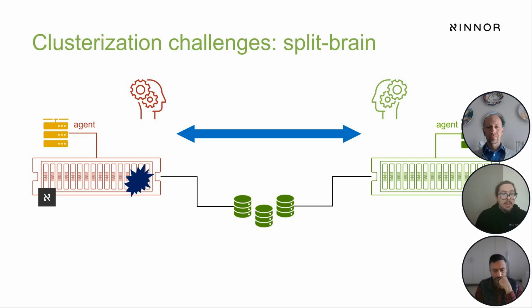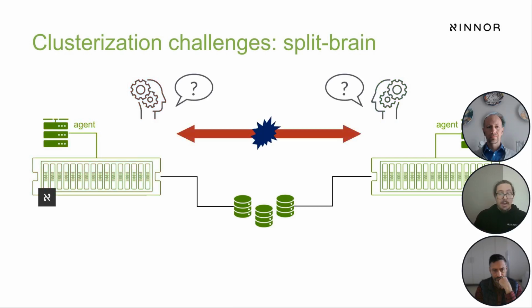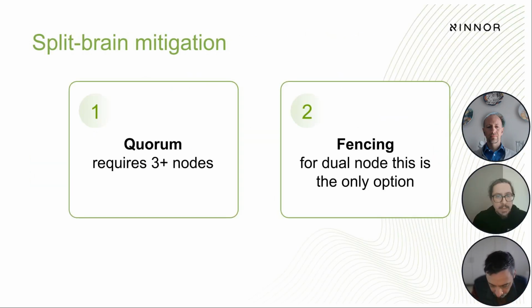Situation number one is when another node actually fails to operate, and situation number two is when the connection between two nodes is lost. The problem is that the cluster cannot make the decision which node should continue to run the resource, or maybe everything should be shut down.